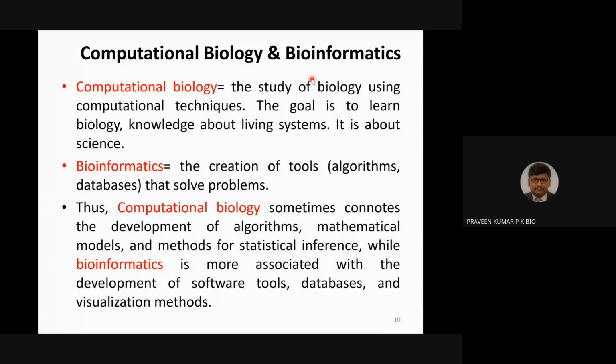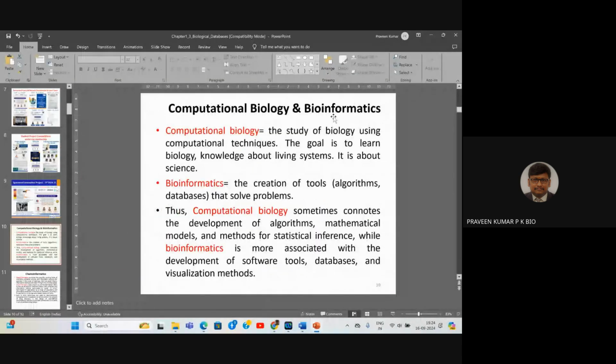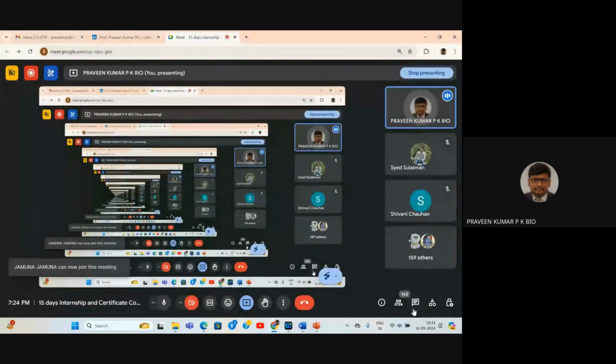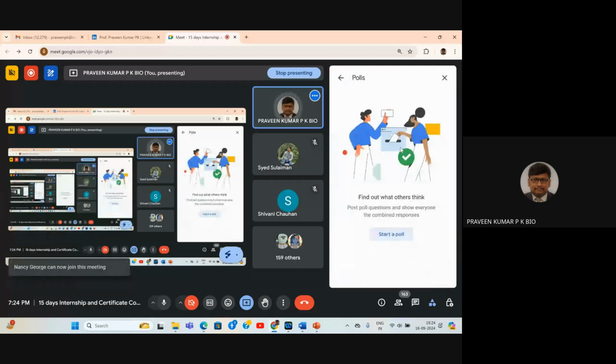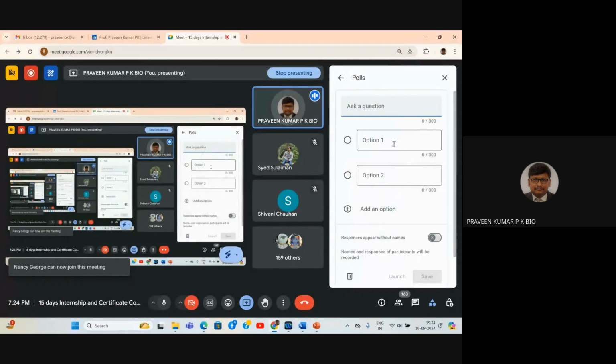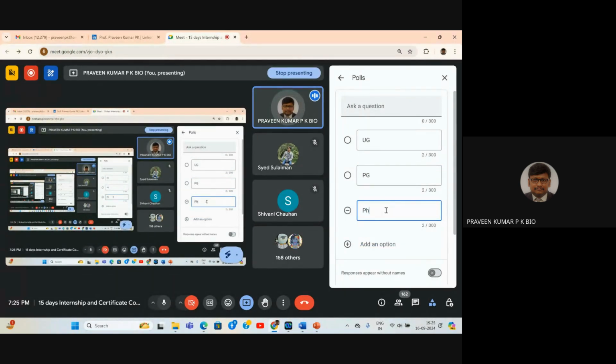Now, before starting with computational biology and bioinformatics basics, I just want to get some information from you through polling. I want to know how many have a UG background, how many have a PG background, and how many have a PhD background. Can we start polling at present?